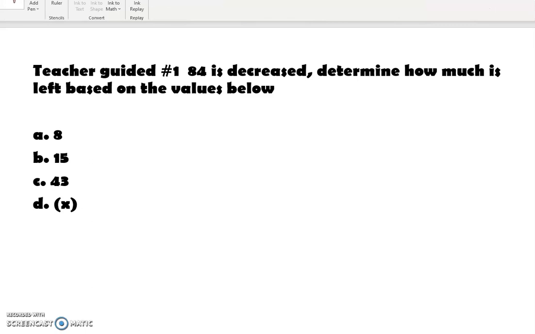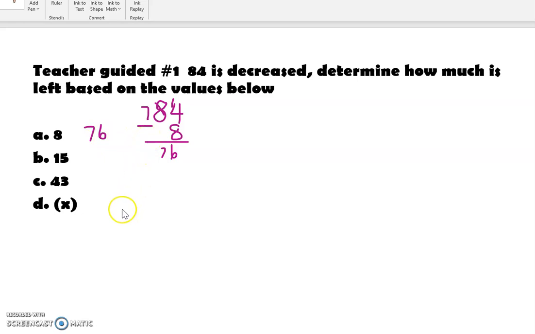So I'll show my work for A, B, and C, and even when we can solve some of those mentally, it will support your ability to write the equation if you at least write it out. So I'm going to start with A, and I'm going to take 84 and I'm subtracting 8. When I do out my subtraction, if I'm decreasing 84 by 8, I should get 76.